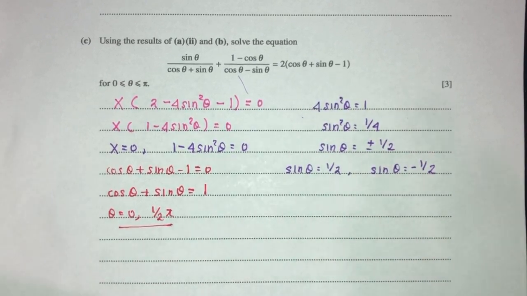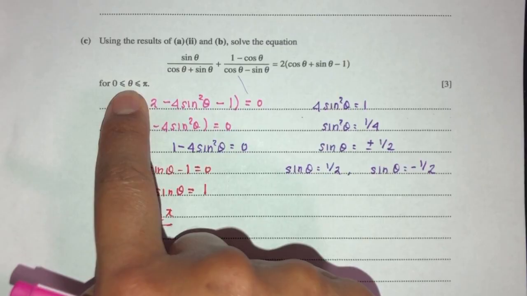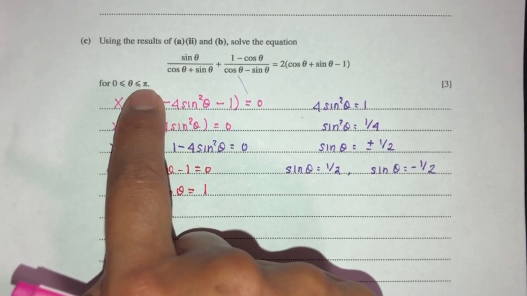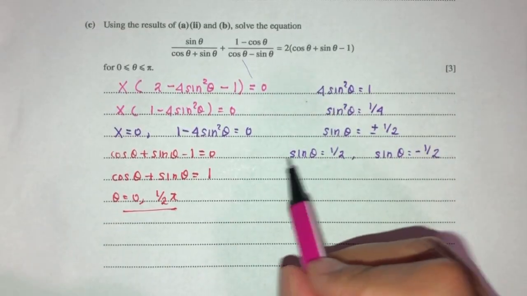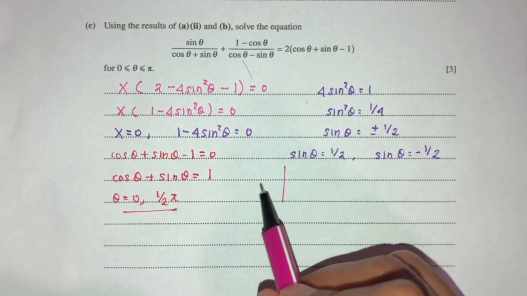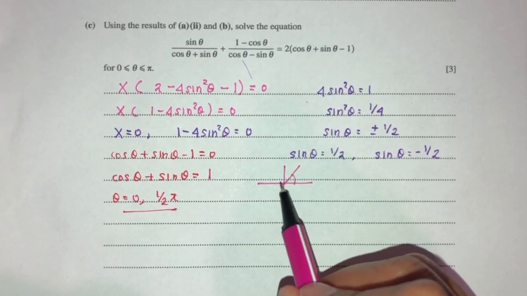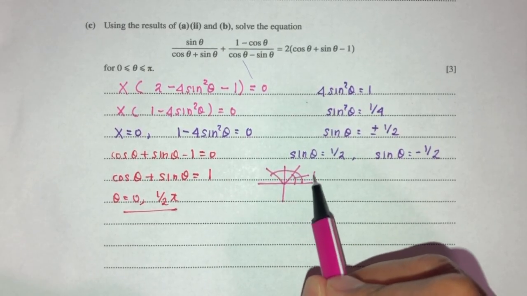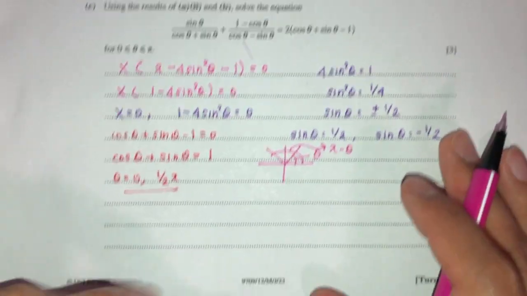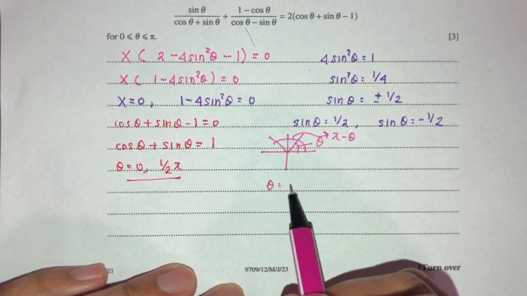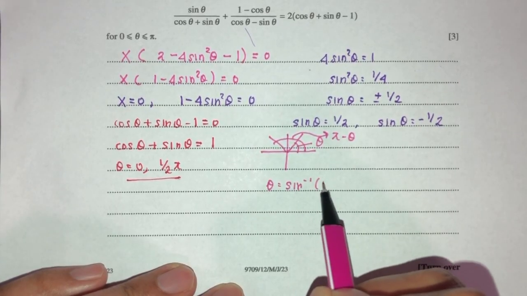Now remember, the domain that we care about is only this 0 to pi, which is the first and second quadrant, right? This one is positive. We understand when sine is positive, it will have to be here and here. This is your angle directly, and that should be pi minus theta.